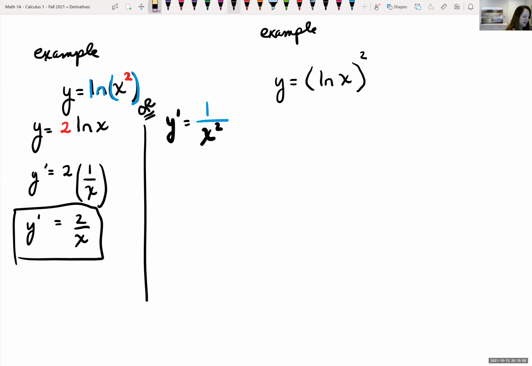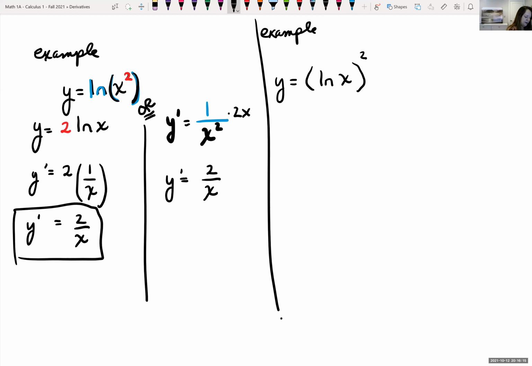The derivative of the inside, the derivative of x squared, is 2x. And notice that simplifies. The x cancels with one of the x's in the denominator, and so we're left with 2 over x. Same thing we got here.